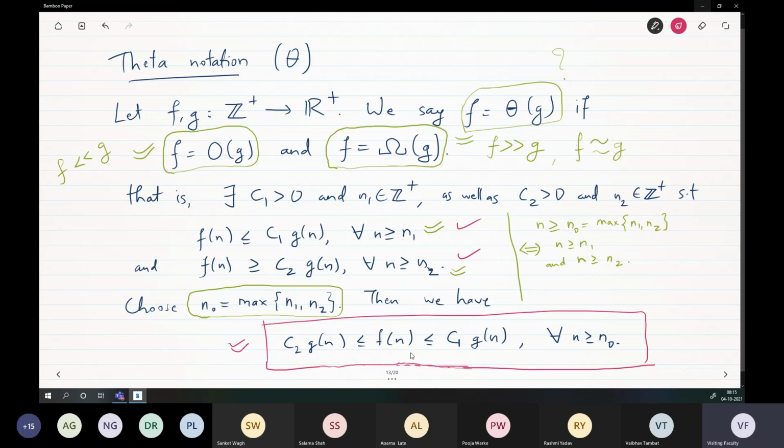But if both inequalities are true for all n greater than or equal to n naught, now go back here. Then both inequalities are true for whatever n1 and n2 you choose as that maximum is. So for all n greater than or equal to n naught, the first inequality is true.